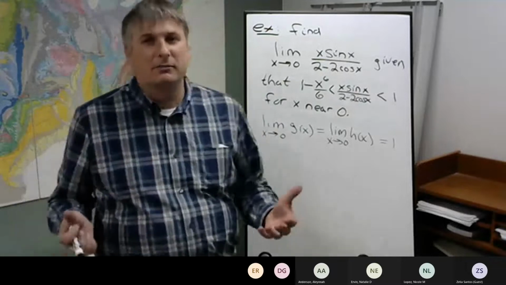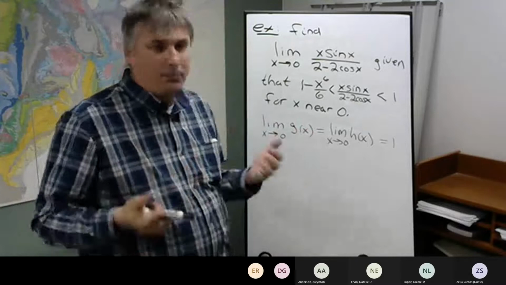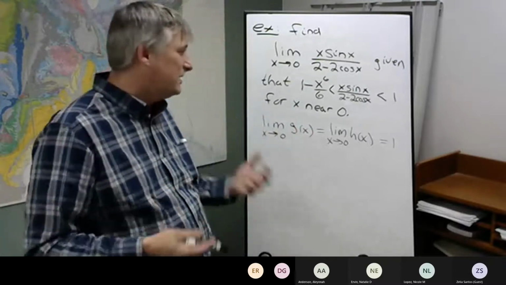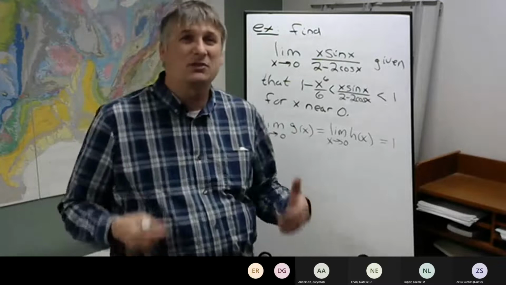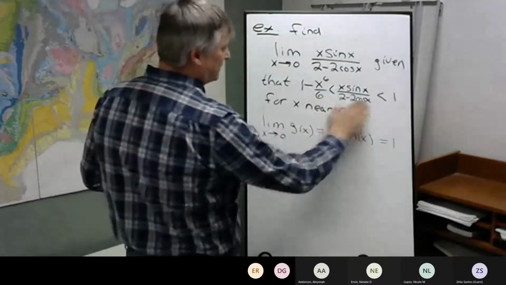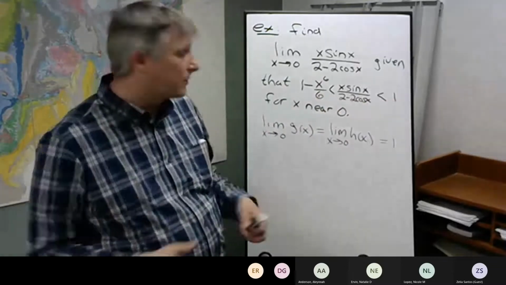But that doesn't matter. We don't need the function to exist at the point, the very location where we're taking the limit. We don't need it to exist at x equals 0, just near x equals 0. And we're told our g of x and our h of x have f of x between them near x equals 0.